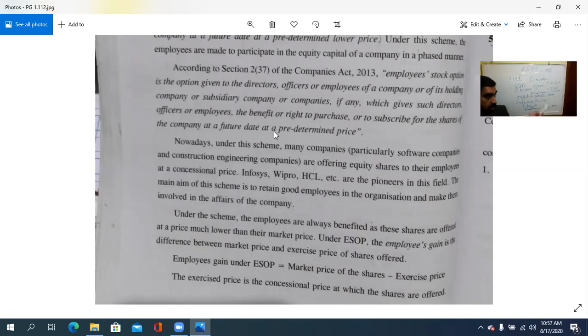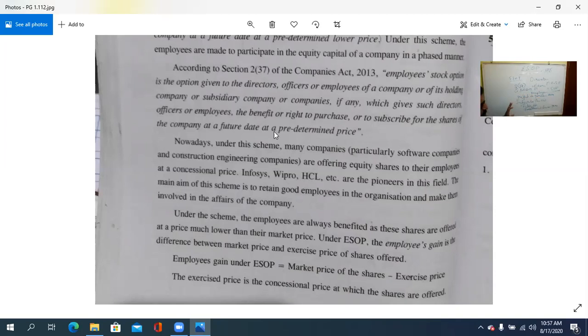So this is what? This is the thing. This is an option or the plan or the scheme given to the directors or officers or the employees in order to participate in their day-to-day affairs of the concern. So the main thing is what? This is the right to purchase the share or to subscribe the share at a future date with a predetermined lower price. So these are the contents.